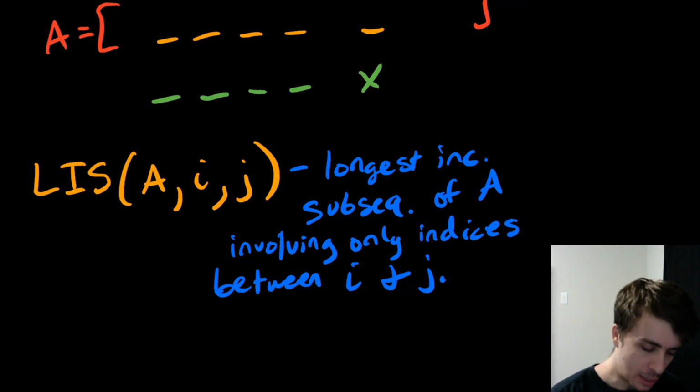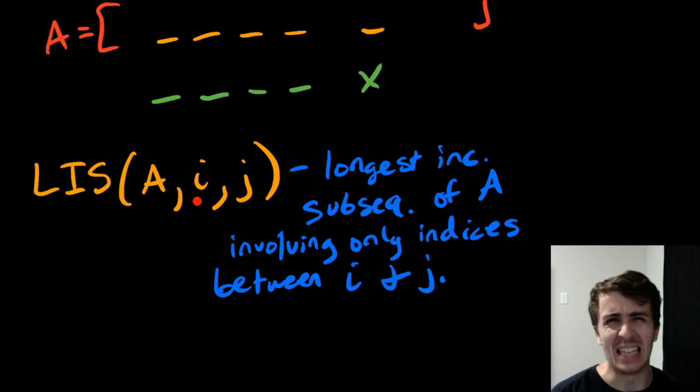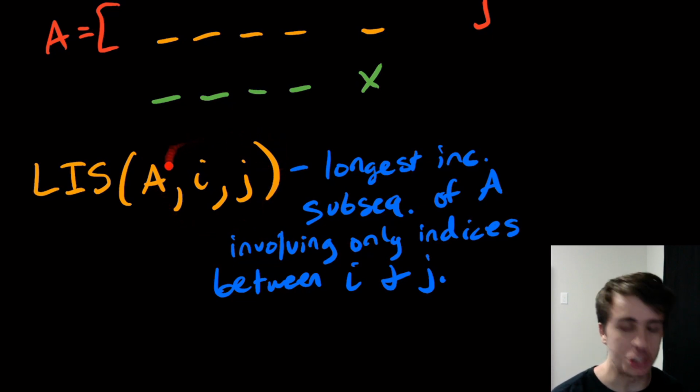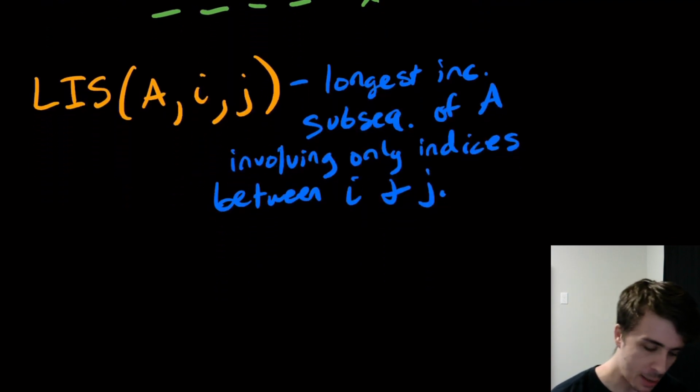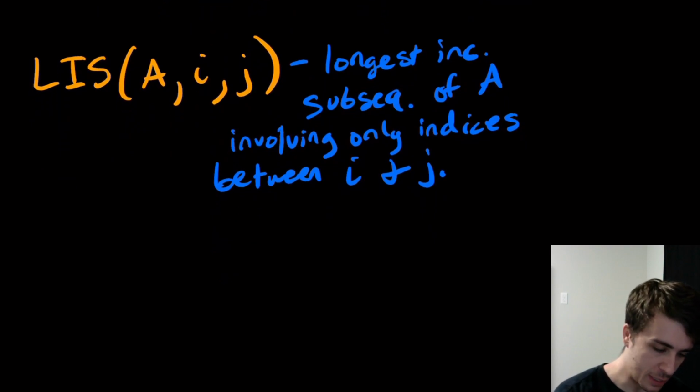The original problem, of course, is when setting i to be the beginning, let's say index 1, although it could be index 0, depending on who you're talking to. So i is the beginning and j is the end for the original problem. This is just a generalized problem. We try to generalize things and then relate it to the problem that we actually want to solve. Okay, so let's actually try to solve this.